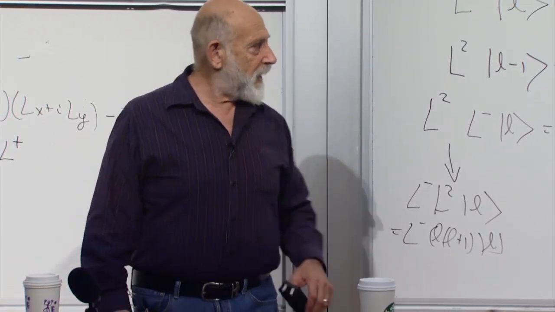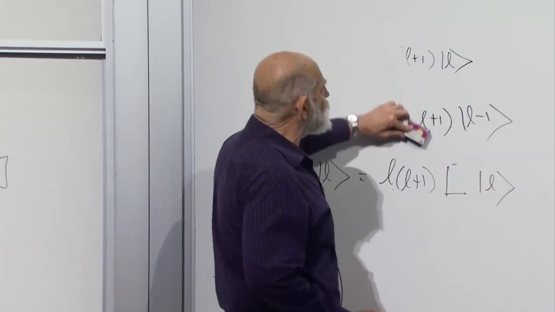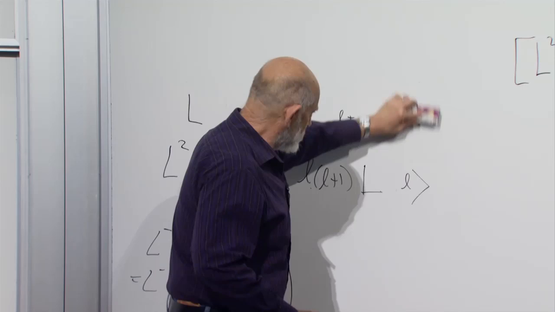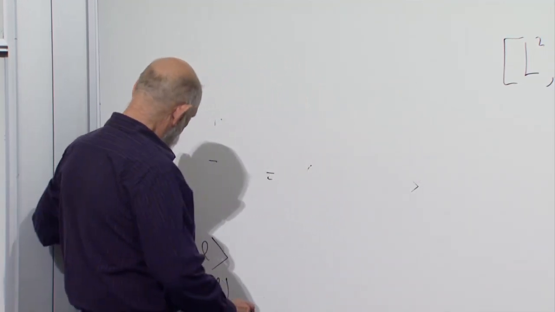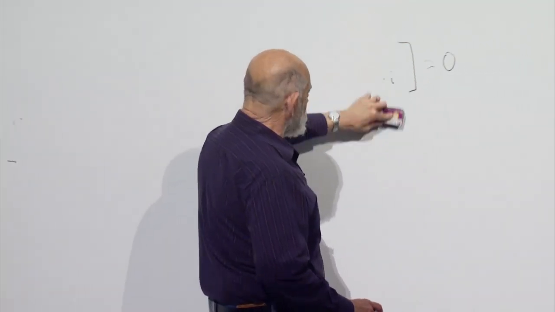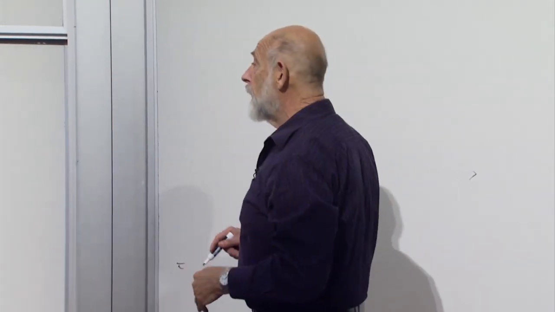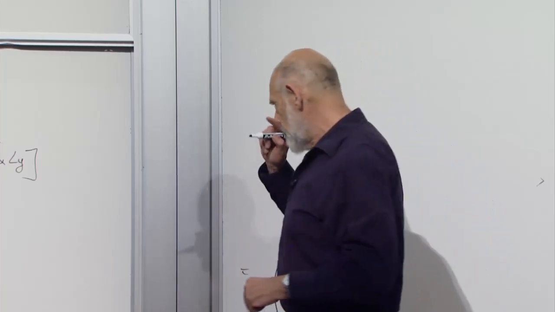Okay. So what we found is that there are collections of functions of the angles. These eigenvectors are functions. They're functions of the angles. Why? Because rotation only affects the angular dependence.